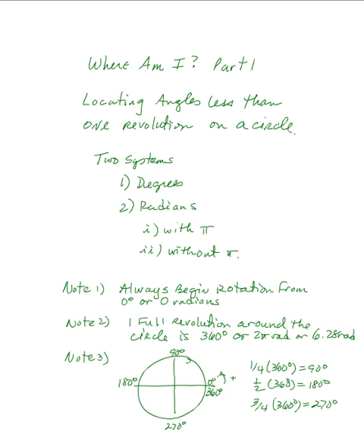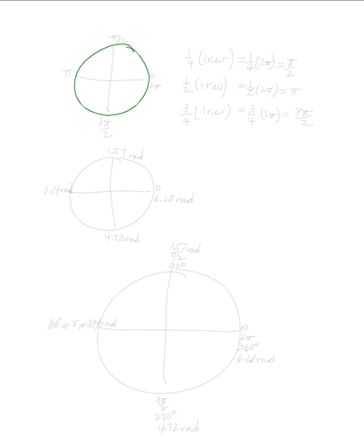And continuing that, we'll do that for radians. So if you look at, again, the quarters, 1/4 of 1 revolution is going to be 1/4 of 2 pi, which will be pi over 2. So this is pi over 2. And then half of a revolution is half of 2 pi.